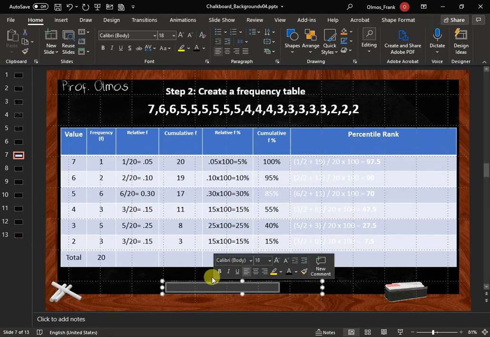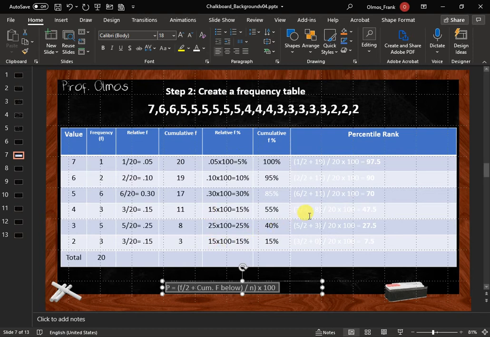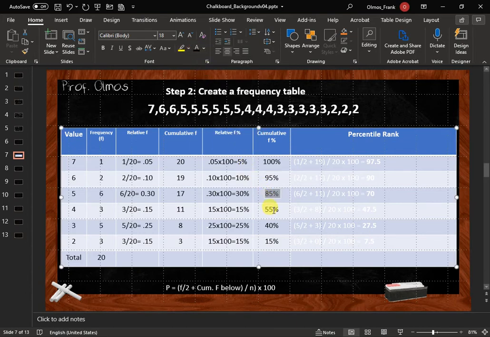Did I miss 85%? Oh man, sorry for that. So 55 plus 30, you get 85%. Basically, like I said, to get cumulative frequency percentages, start from the bottom, and then add the relative frequency percentage right there, and then you get that value, and so on.